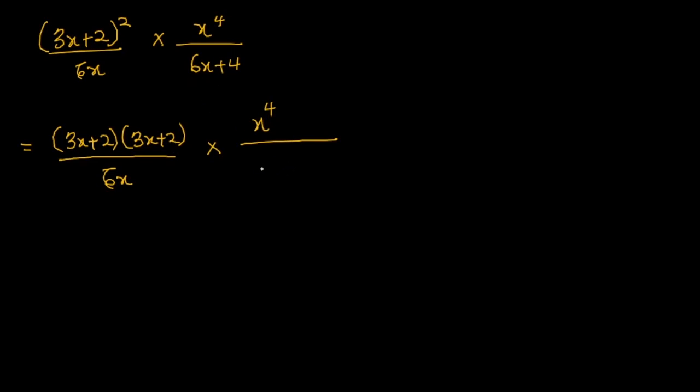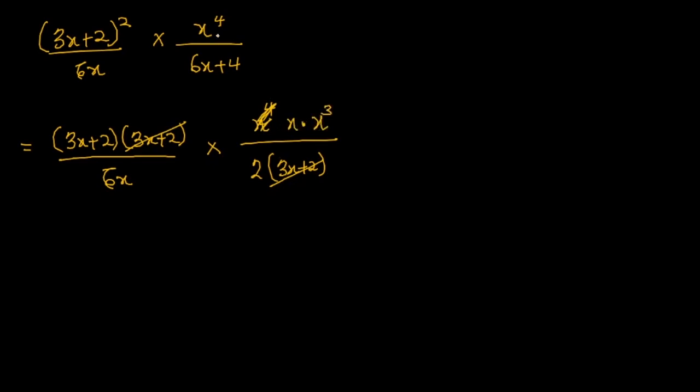So if I factor out 2 over here, I'll have 2 outside the bracket, then I have 3x plus 2 in here. So this multiplied by this will give me 6x, 2 multiplied by 2 will give me 4 over here. Now that the expression is like this, one of these can cancel one of these out. Now the x to the power 4 over here, I can rewrite as x multiplied by x cubed.